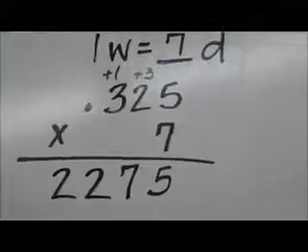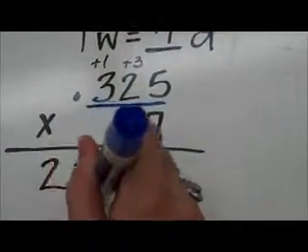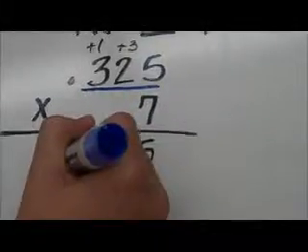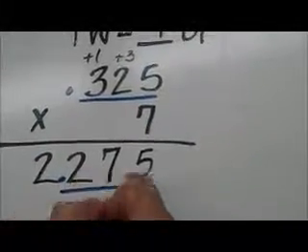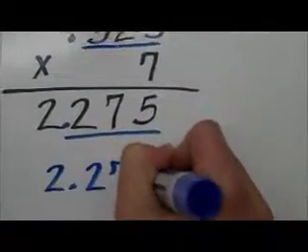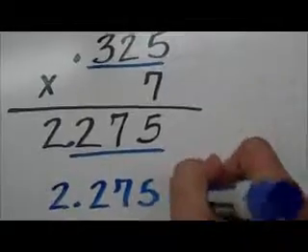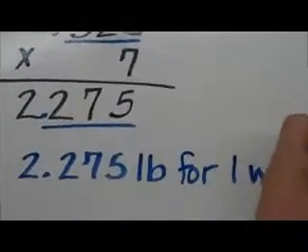Then of course I've got my decimals. I have 3 places after the decimal. Underline my 3 places here. Put my decimal there. So I end up with 2 and 275 thousandths of a pound. This is for 1 week, okay?